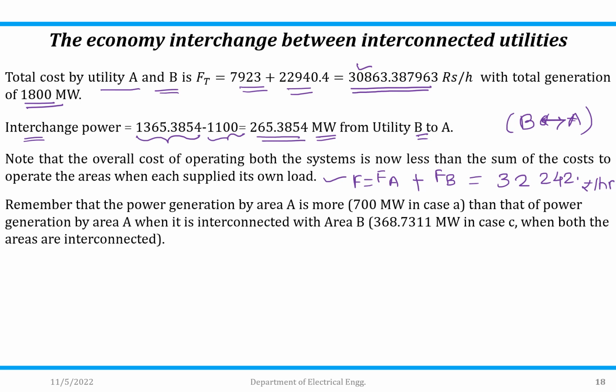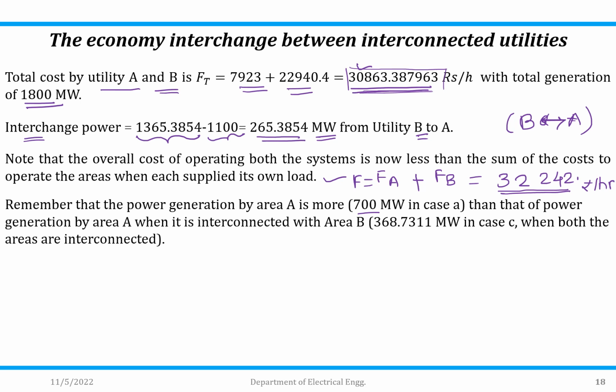So what we observe here is that if we interconnect these two utilities, the total cost of generation is 30,000 something, which is less than the individual cost of generation, which is 32242. Now remember that the power generation by area A is more, which is 700 megawatt. So you will ask me, sir, how is it 700 megawatt?